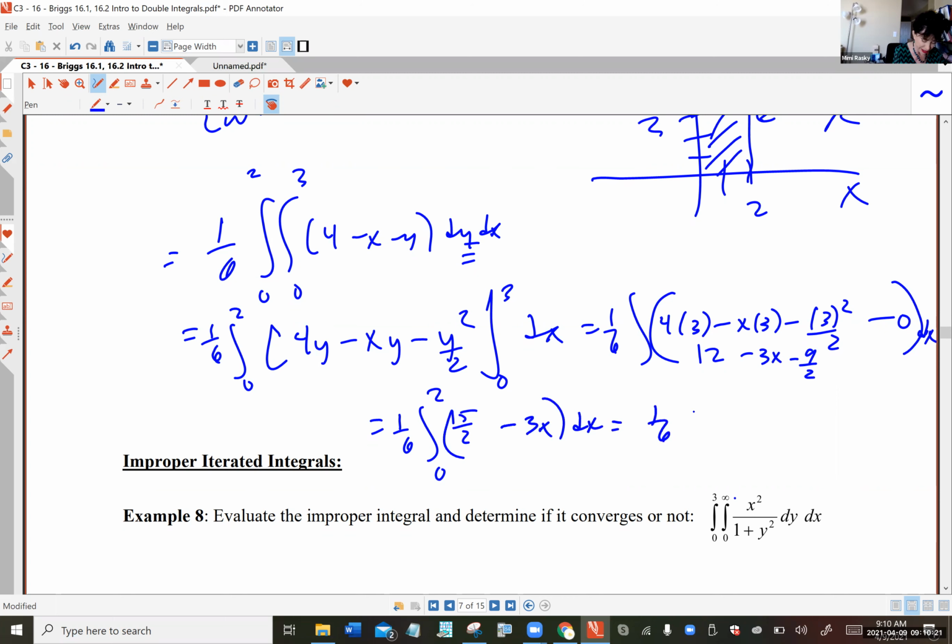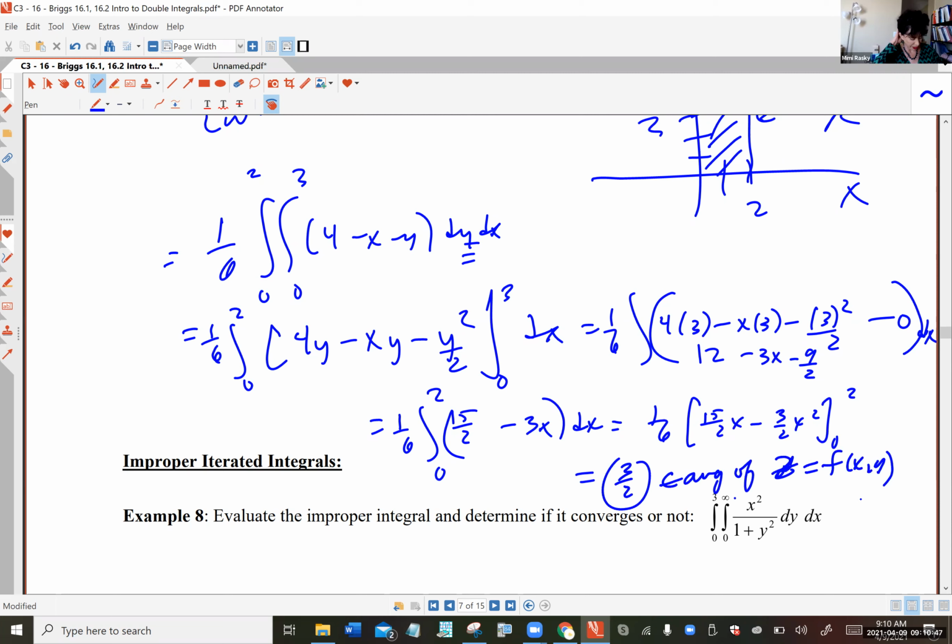That's going to give me 15/2 x minus 3/2 x squared, and then evaluate that between 0 and 2. I'm sure you can do the arithmetic, and I end up getting 3/2. And that's the average value of z equals f of xy over the rectangular region. Okay?